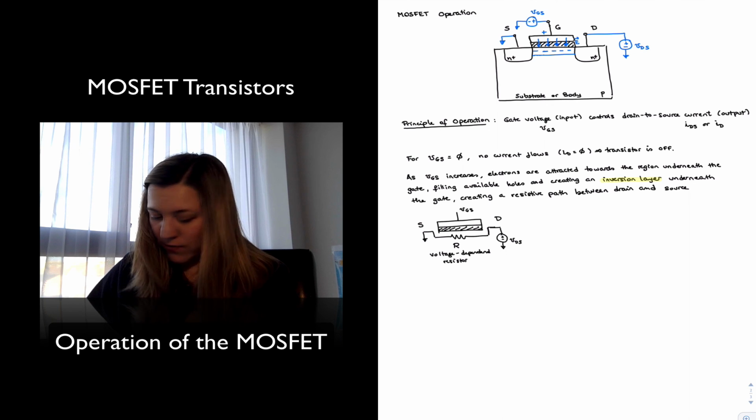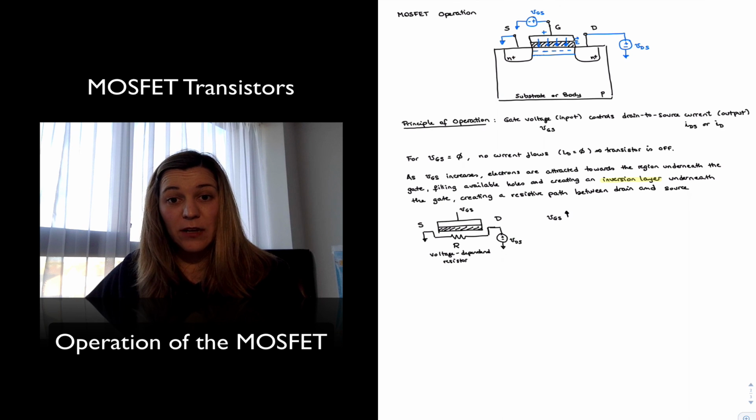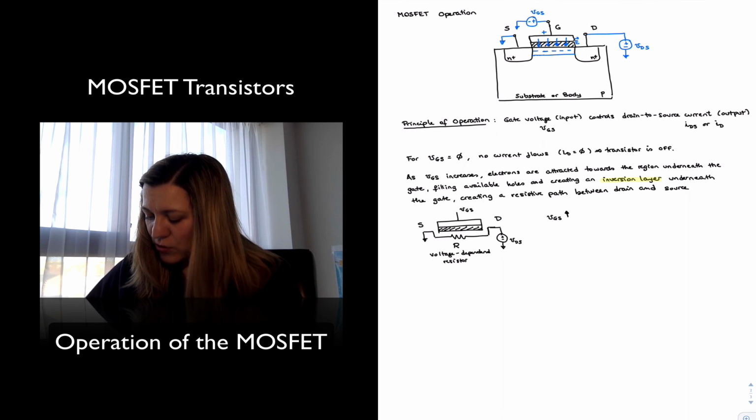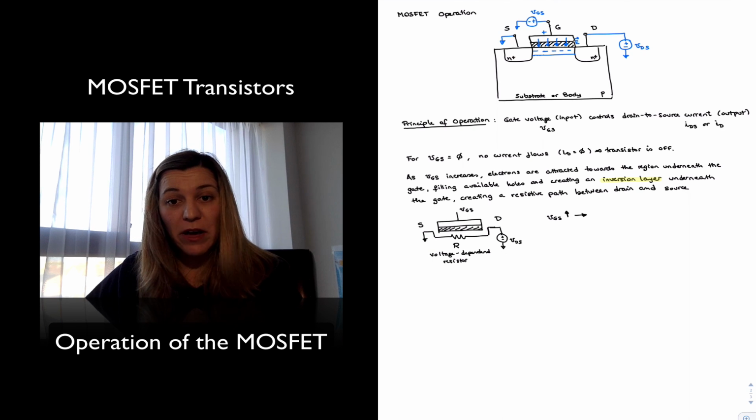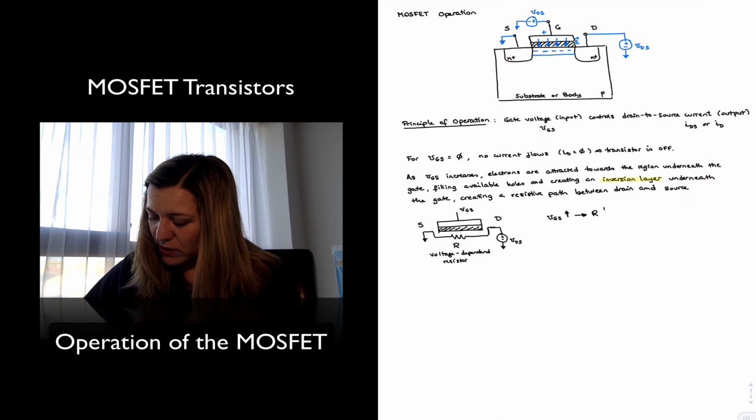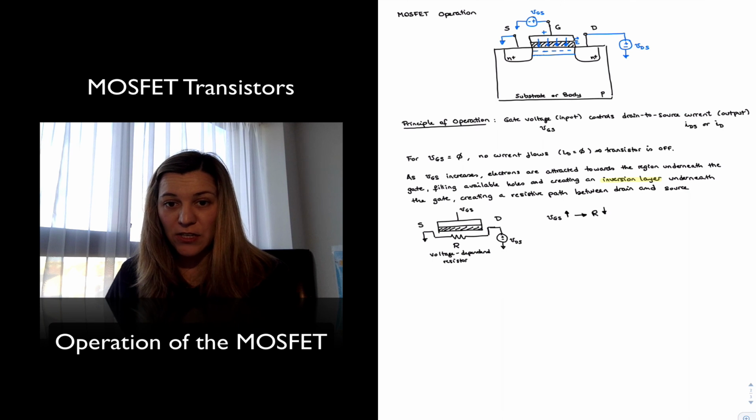So basically if my VGS goes up, then my inversion layer becomes more heavily charged, if you will. So we have more of a positive charge or an n+ region, and so the resistance of that path will be lower. So my resistance will go down as my VGS increases.